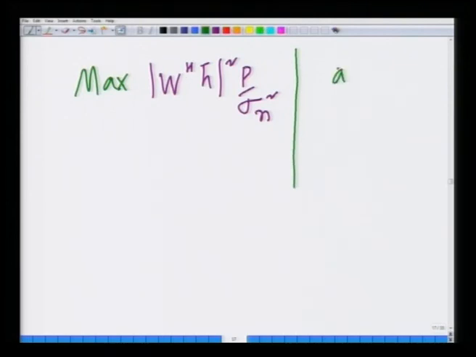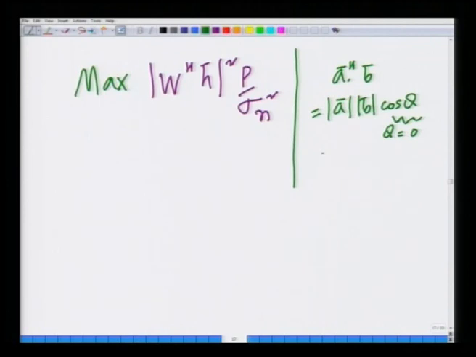A bar Hermitian B bar is nothing but magnitude A bar times magnitude B bar times cosine of theta, where theta is the angle between these two vectors, and this is maximum when cosine theta equals 1, or theta equals 0.